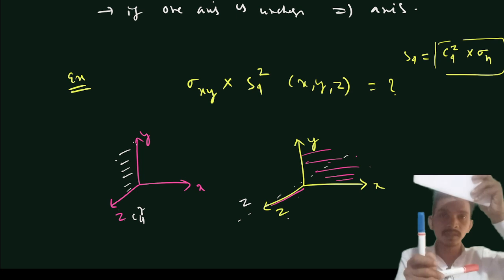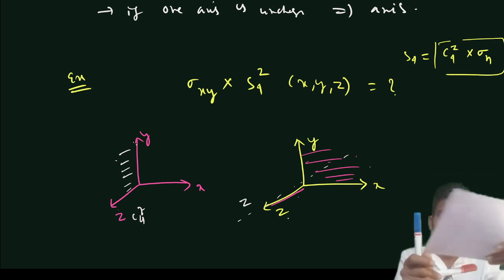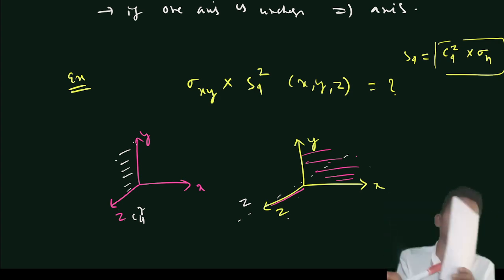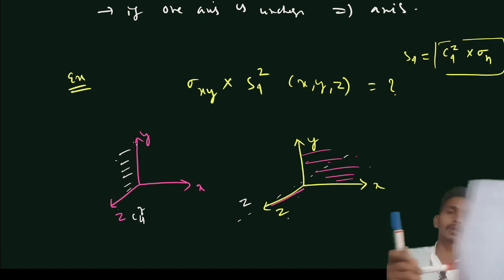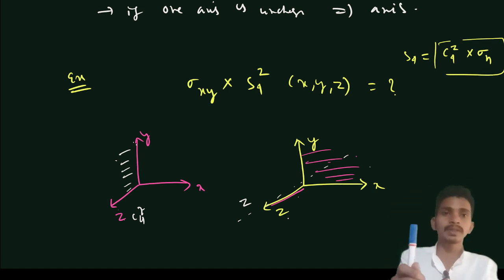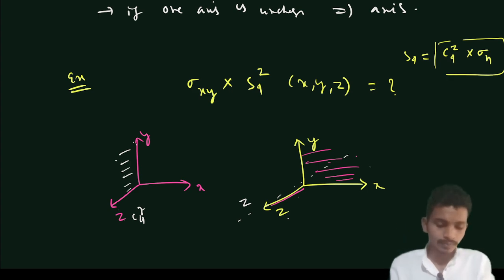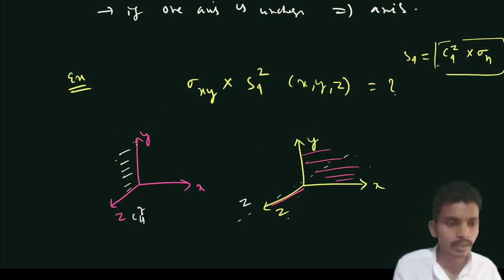Suppose C4 is coming here, then sigma h has to be perpendicular, so it has to be in this direction, it cannot be in any other direction, so that this and this get perpendicular. Okay, so if C4 is Z, then that plane has to be sigma xy.